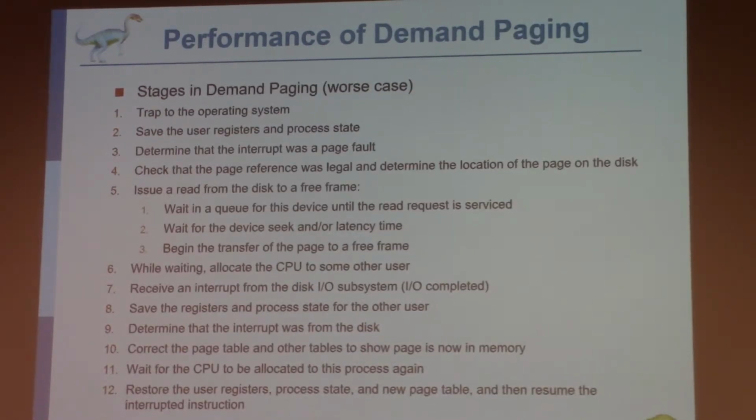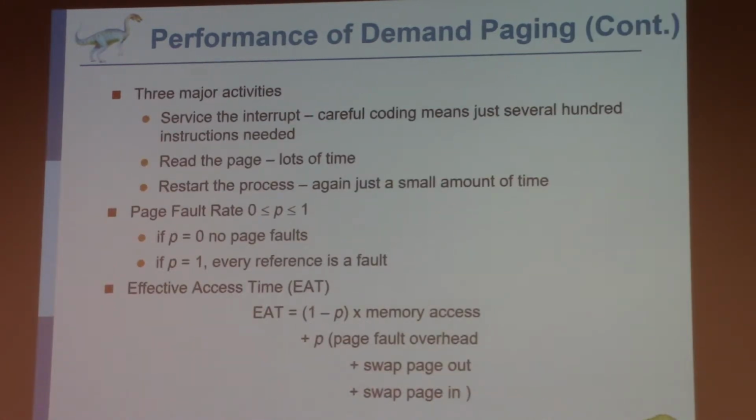So this one shows all the steps of demand paging. That's what we have discussed before, but it's described step by step. You can read it, then you can understand.